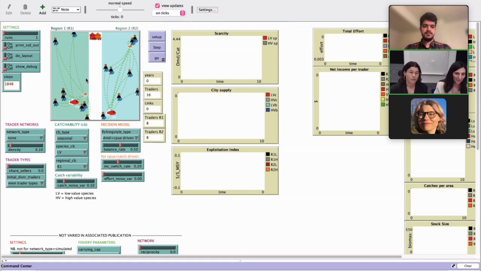And in the first example we show, there is no trade between these two regions, and there's a seasonal ban on the low value species in region 1.